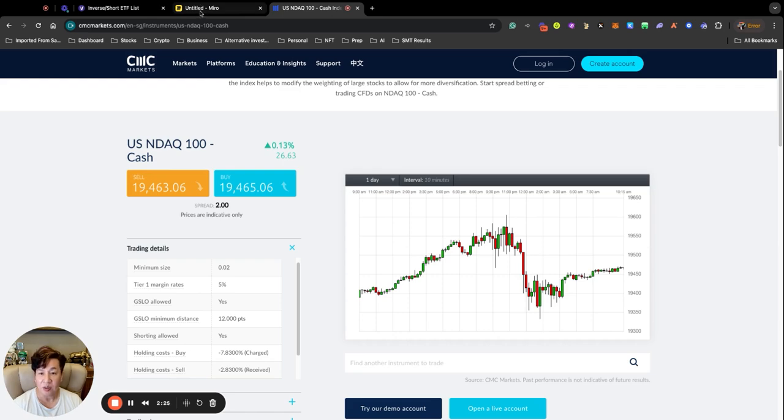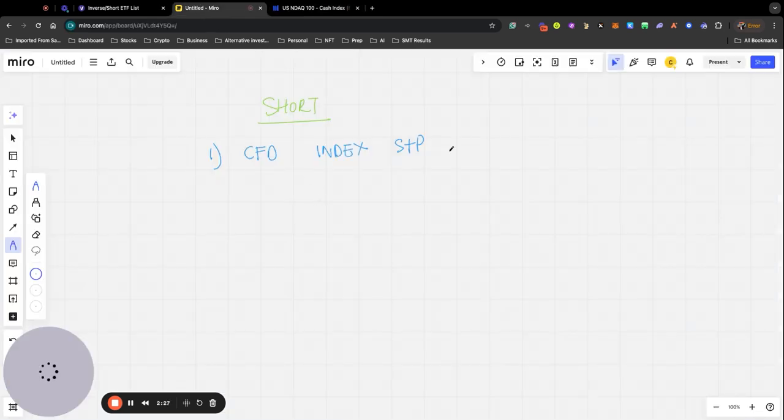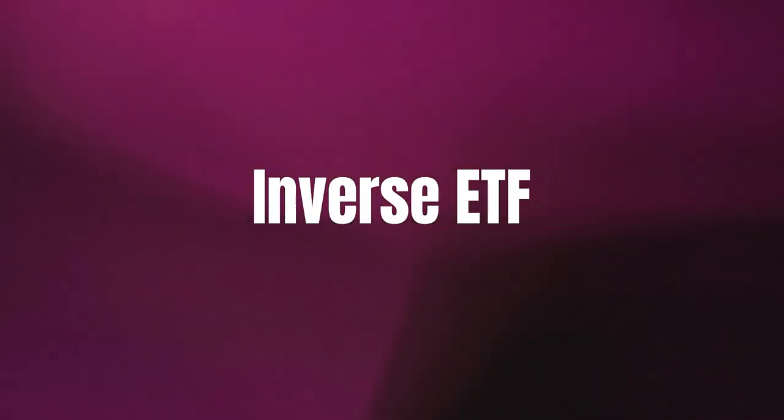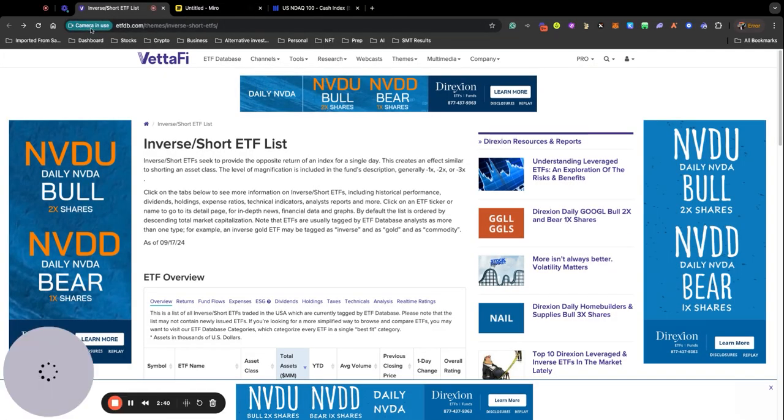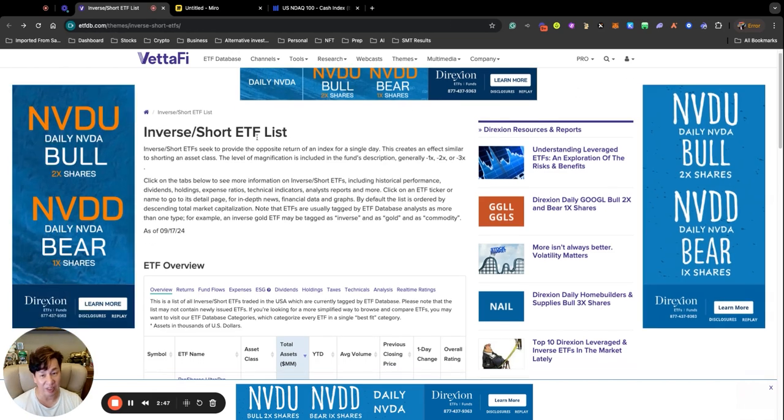Next, you can also use an instrument called inverse ETF. When you go to the ETF database, you can search under short ETF or inverse ETF.